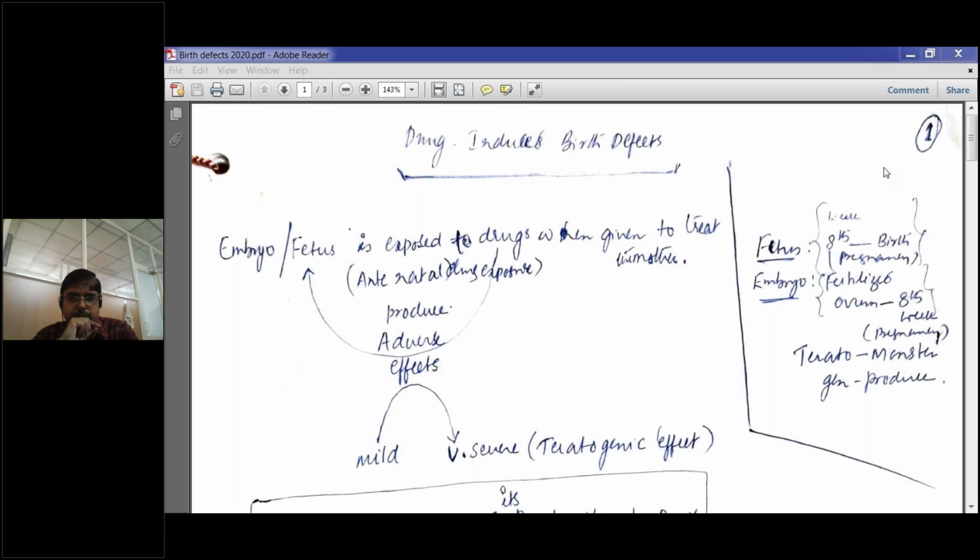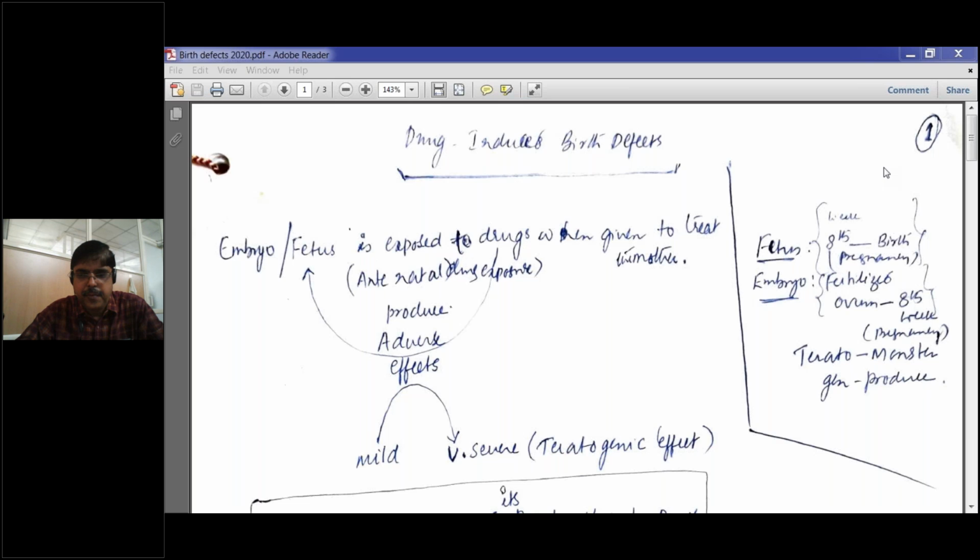My question is very straightforward: do drugs produce beneficial effects in the fetus or harmful effects?